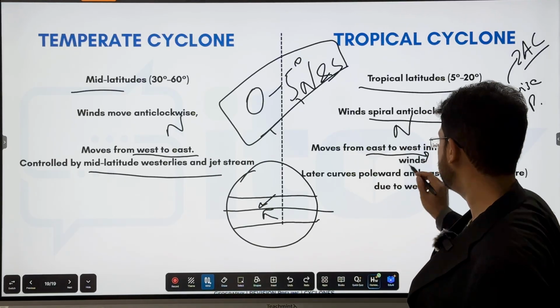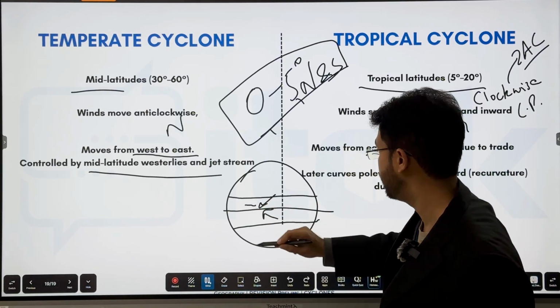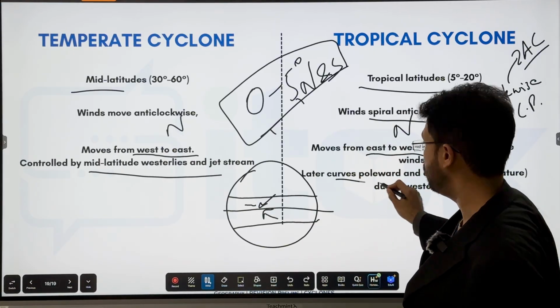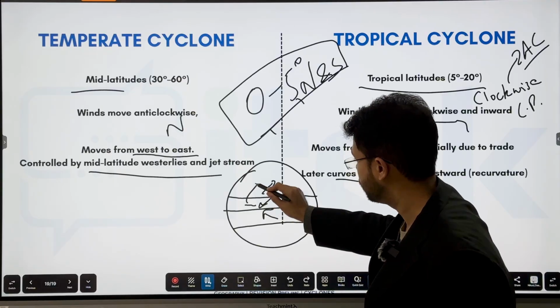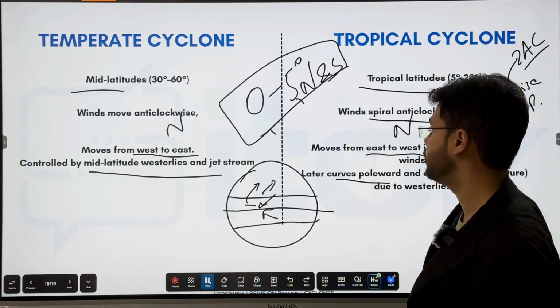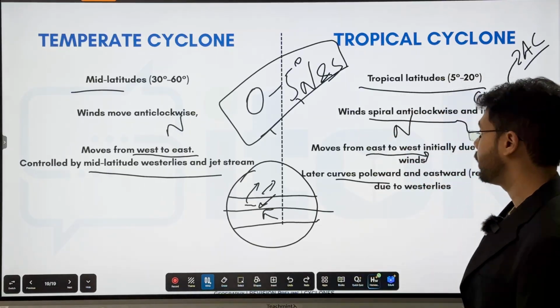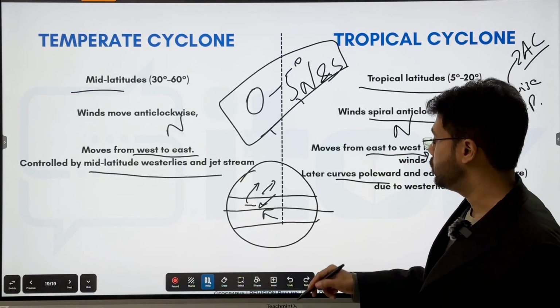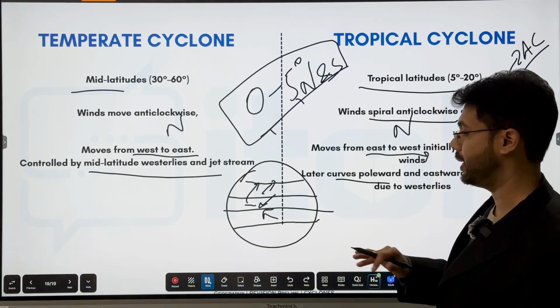So, initially it will be east to west. Tropical cyclone will go in this direction. Then it curves poleward. Why? Because of the westerlies. And that's why temperate cyclone also goes from west to east. And mostly all the cyclones dissipate around 60 degrees north and south of the equator. So it ends there. It's over.